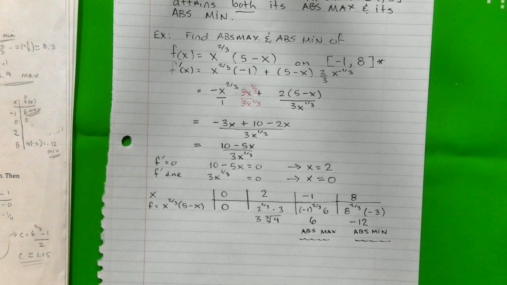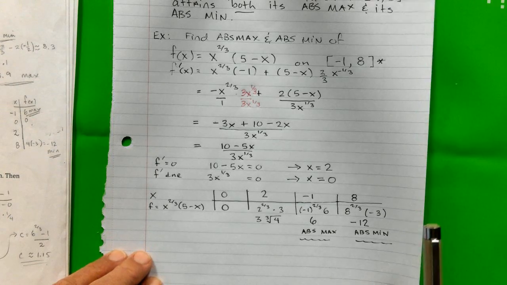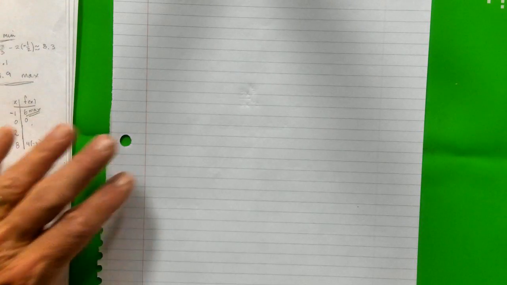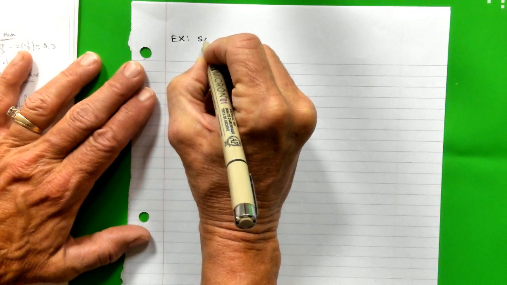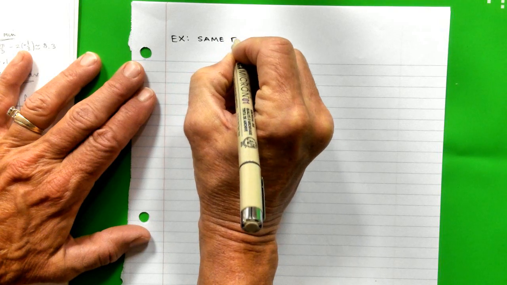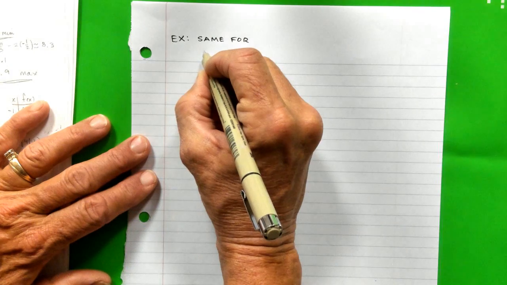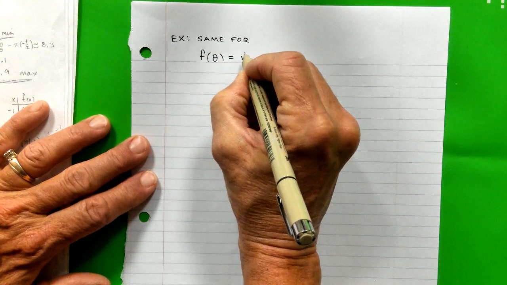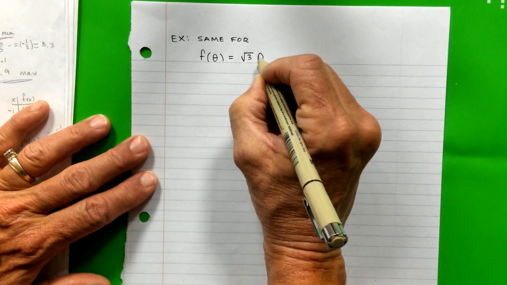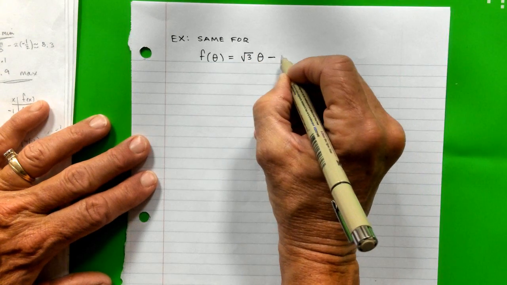So here's one with a trig function. Let's do the same. Let's find the absolute max and min. And let's look at f of theta is equal to the square root of 3 times theta minus 2 cosine of theta.